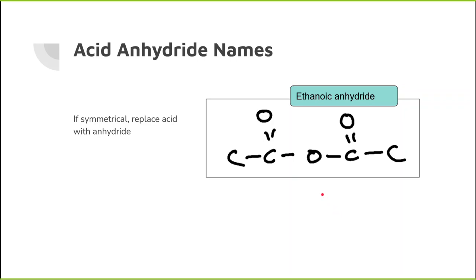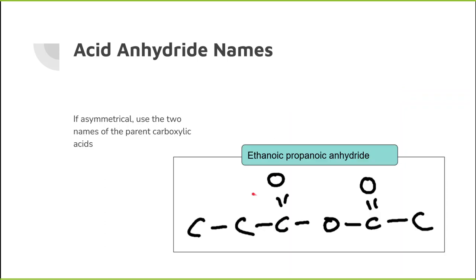If it's symmetrical, then you just use the term ethanoic anhydride, and that tells you that it's a 2-carbon on either side. And then if they're not symmetrical, then you use the parent names from the 2 carboxylic acids. So this is ethanoic propanoic anhydride.